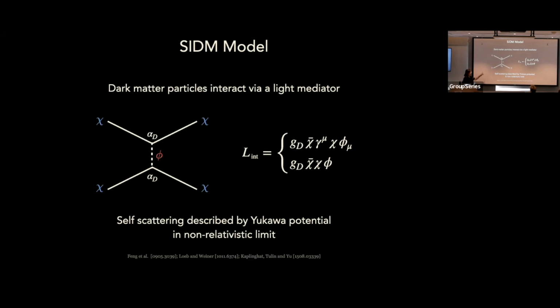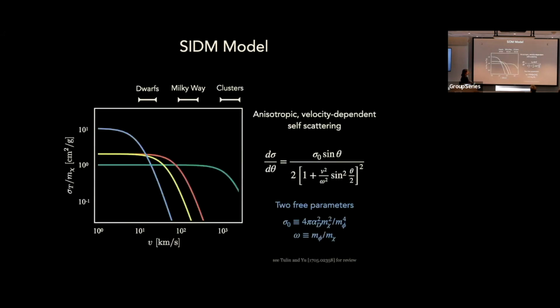The key prediction of this is that the interaction cross-section for the dark matter is going to be velocity dependent. I've written it out here in full. The cross-section for scattering has the velocity showing up in the denominator there. There are two free parameters that fold in here.